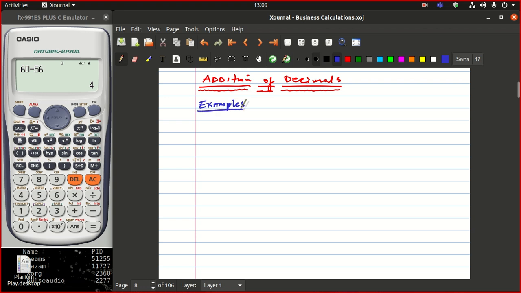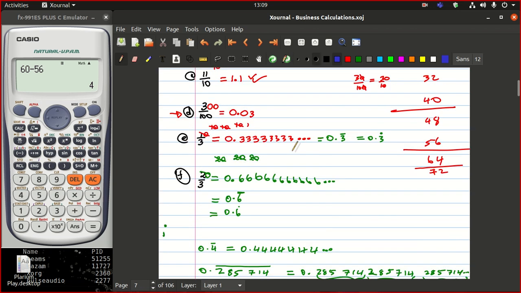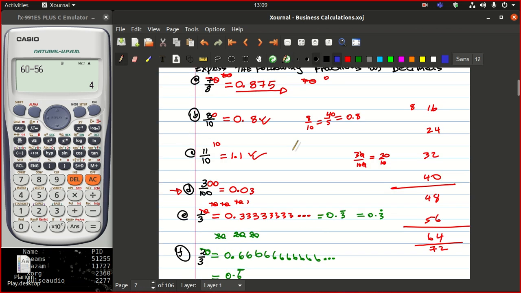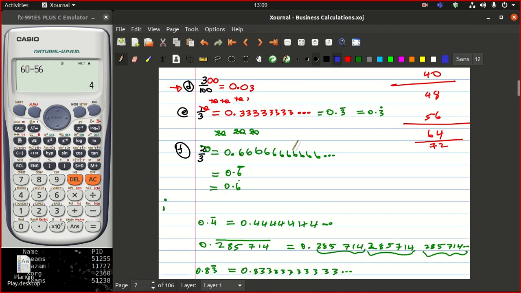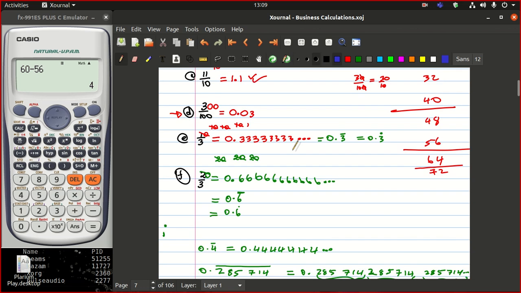The task that I'm going to give you when it comes to this is what we will do next week. I think next week is either Wednesday or Thursday. Let's say I am giving you a decimal which is 0.33333333 or 0.666666, and then it continues forever.